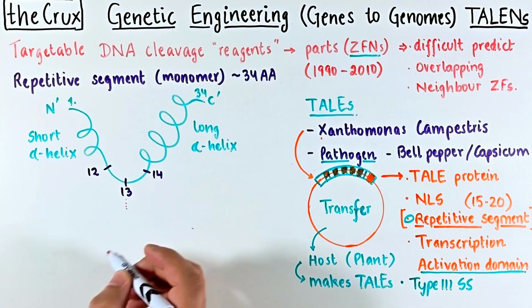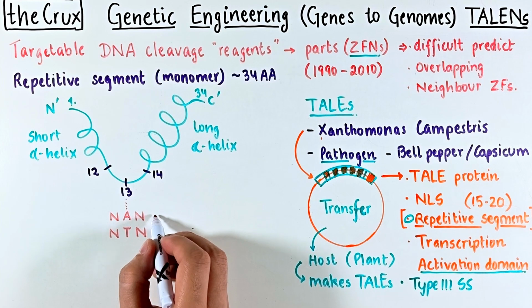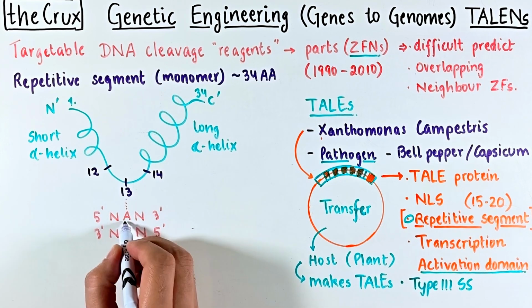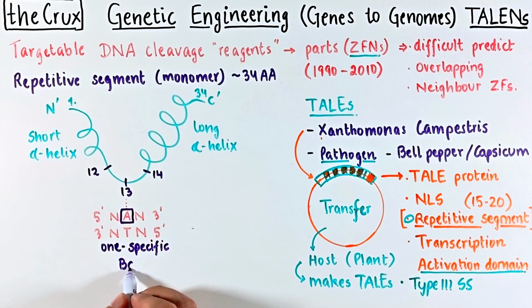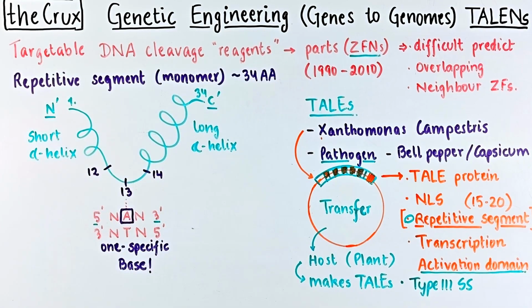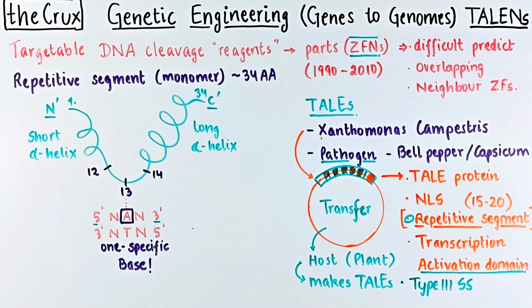The residue number 13 alone is responsible for base-specific contact with the DNA. And specifically, it binds or recognizes exactly one specific base. The binding is directional, meaning that the base lives on a strand which is parallel to the direction of the monomer. In contrast, if you remember, the DNA binding by ZFNs is actually anti-parallel.